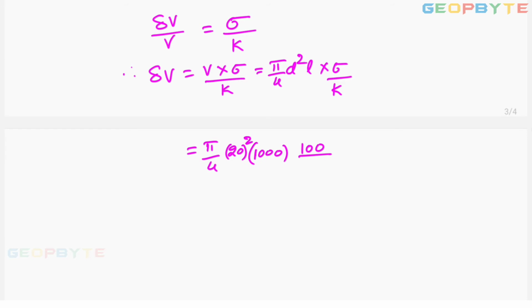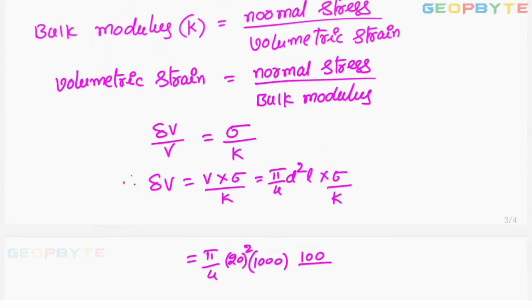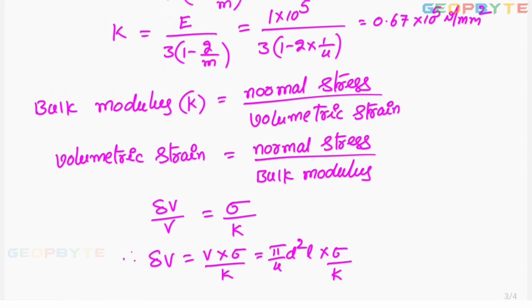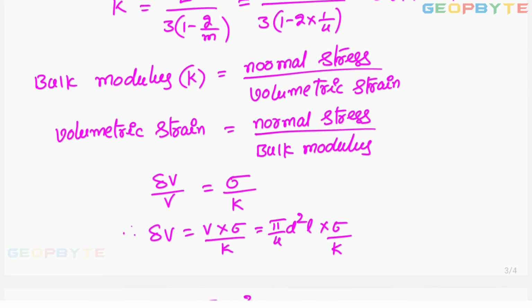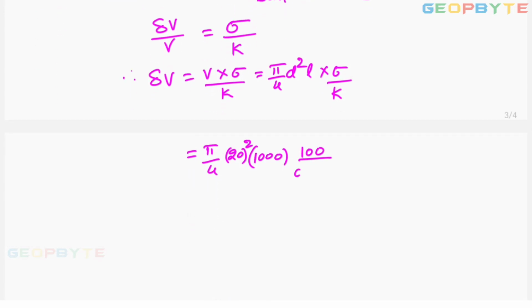What we got just now, bulk modulus 0.67 into 10 power 5. Simplify this value for getting the change in volume, which is around 469 mm cube. That is the change in volume.